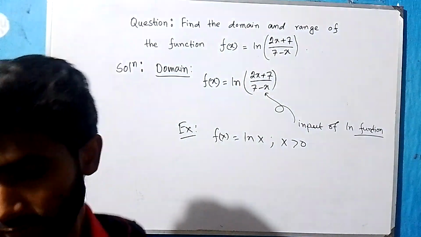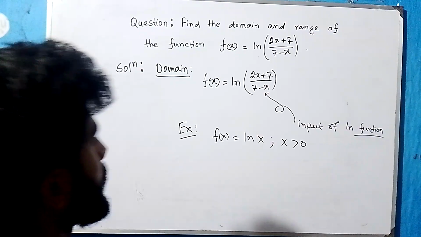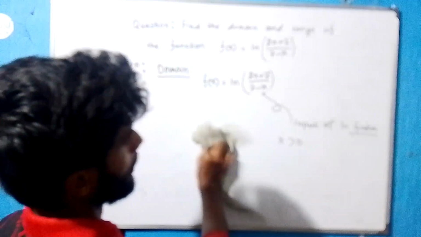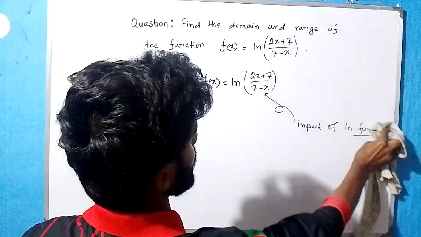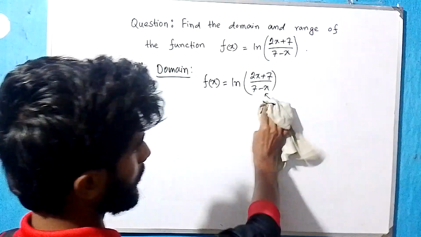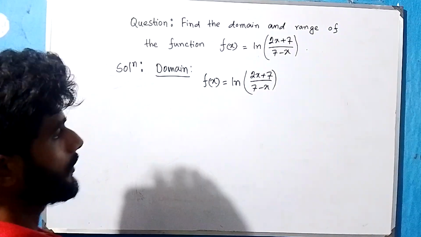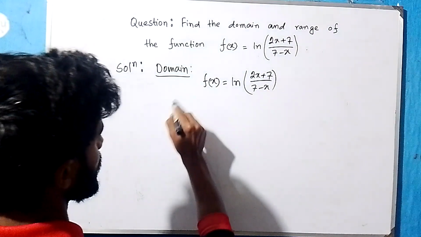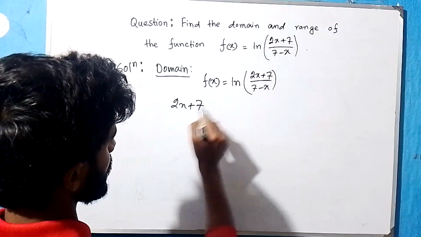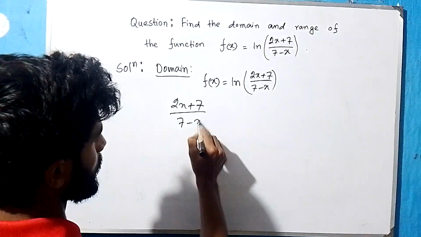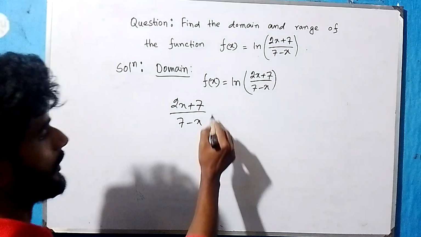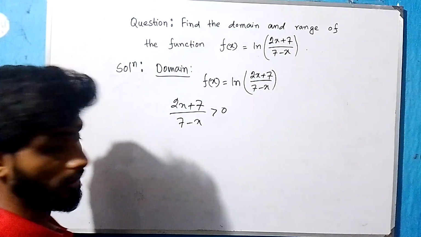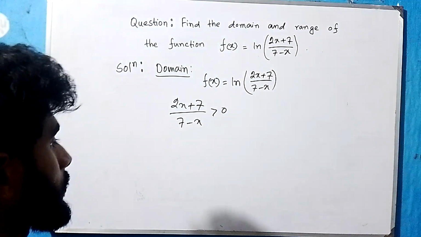So let me erase this. That's why our input, that is (2x plus 7) divided by (7 minus x), has to be greater than 0, right?